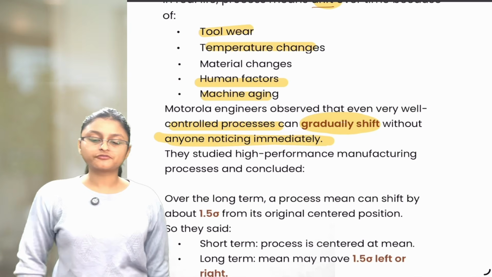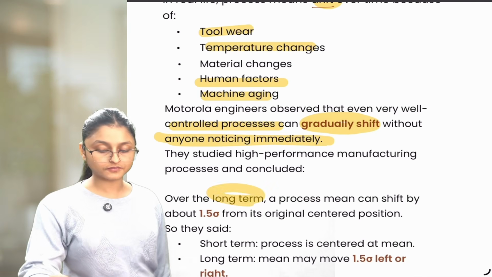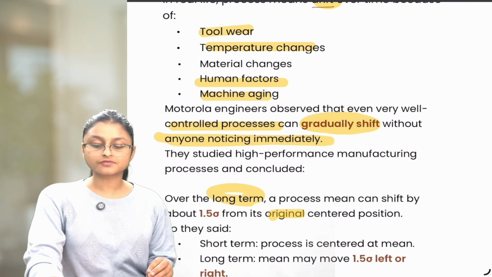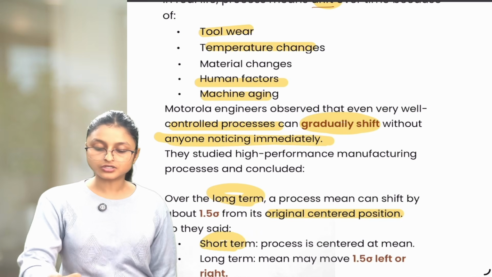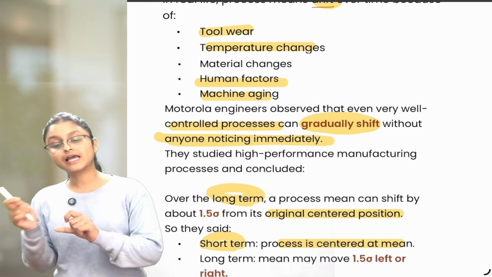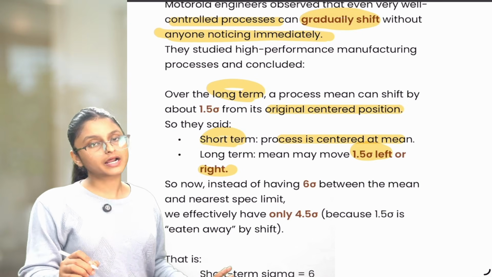They studied high performance manufacturing processes and concluded that over a long period of time, a process mean can shift by about 1.5 standard deviation from its original centered position. So they said in the short term, the process is centered at the mean, but over a longer period of time, there can be a 1.5 shift to the left or right.